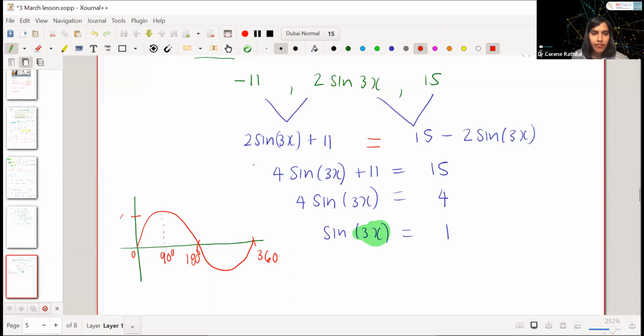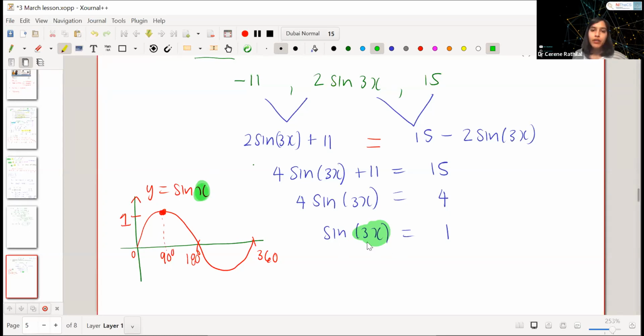And we know that the high point for y equals to sine of x is a value of 1. So sine of something attains a value of 1, right? So I'm going to highlight this thing here as green, right? Because this green and this green must technically be the same thing. So it's like you're replacing the 3x by x, right?